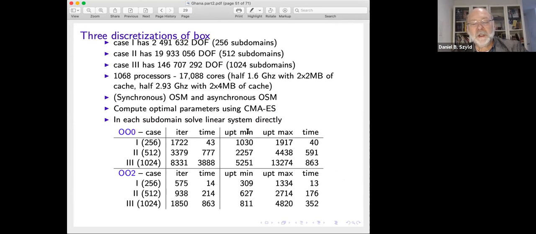Now, as I told you, the concept of iteration loses its meaning. So different processors have different numbers of updates. You see some update fewer times, and some more. This is the minimum and the maximum. We also have the average and median.